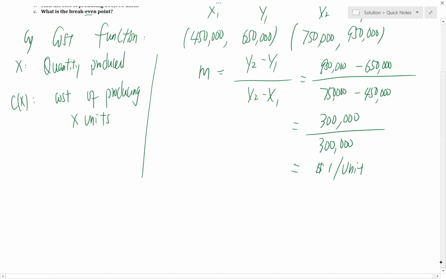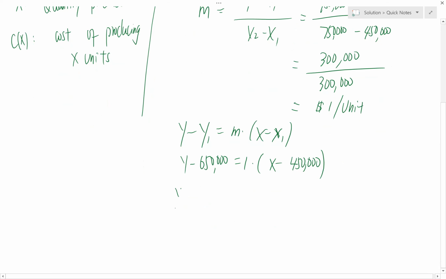And from there, we also need a y-intercept to have the cost function. So we do y minus y1 equals slope times x minus x1. Then we have slope 1, and x1, y1 is given, so let's solve for the cost function. So y minus 650,000 equals slope 1 times x minus 450,000.